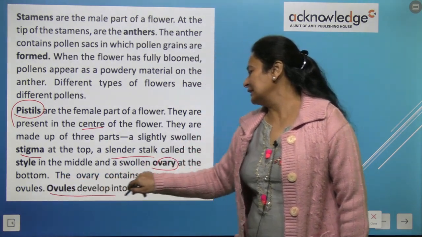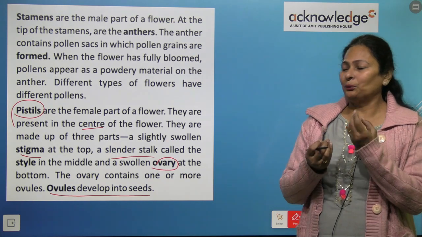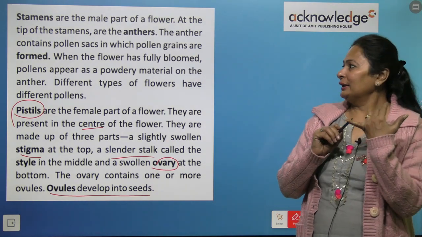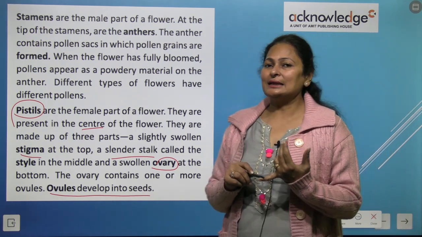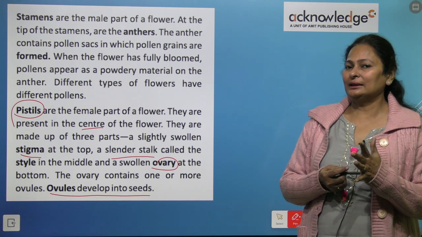So ovules develop into seeds, right? So how are the seeds formed? The pollen grains are formed in the anthers, right? In the pollen sac, which is in an anther.